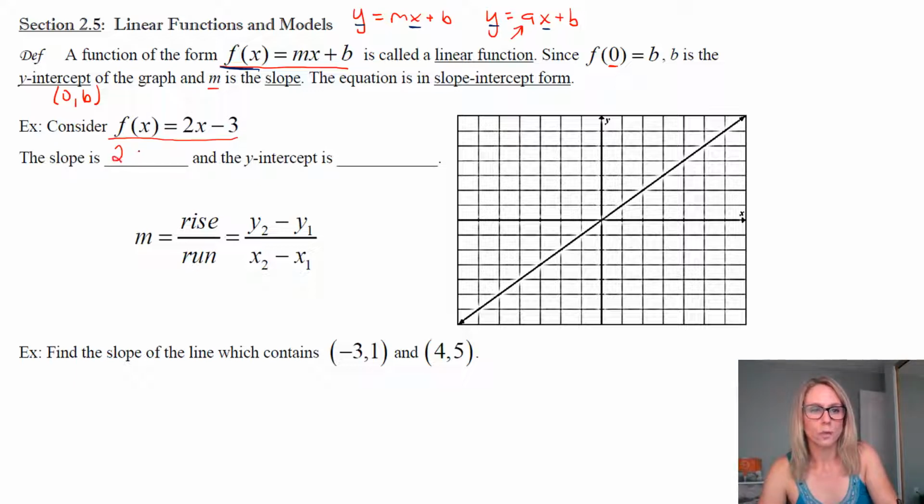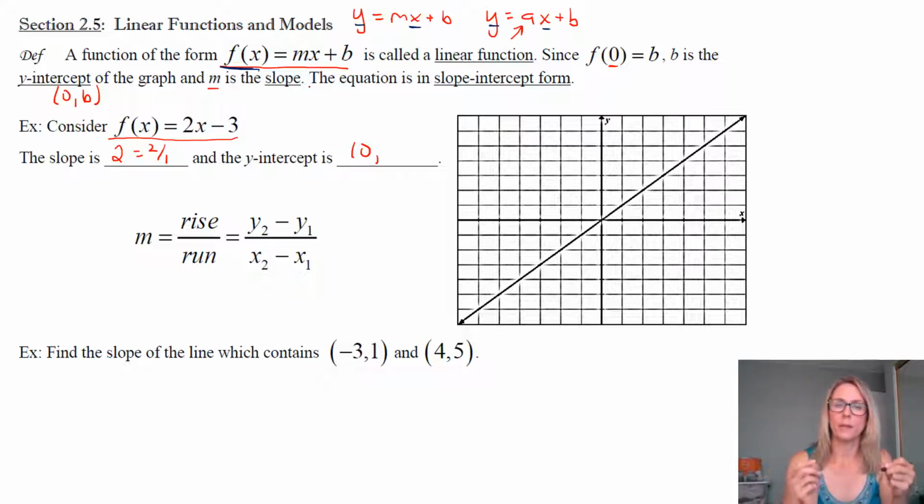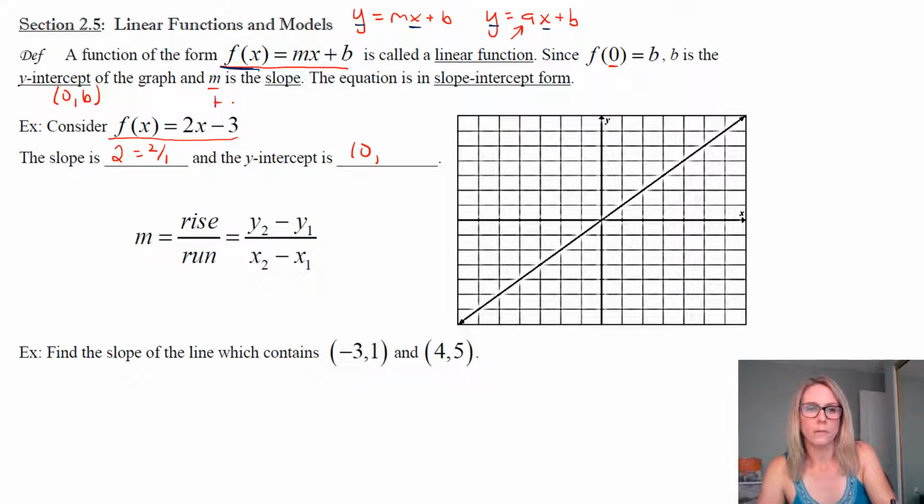It's 2. You could also write that as 2 over 1, because of the way slope is, which I'll talk about in a second. The y-intercept here is (0, and then notice because the form is mx plus b, in this case you want to think of it as plus a negative 3. So that tells us that negative 3 is the y-intercept.